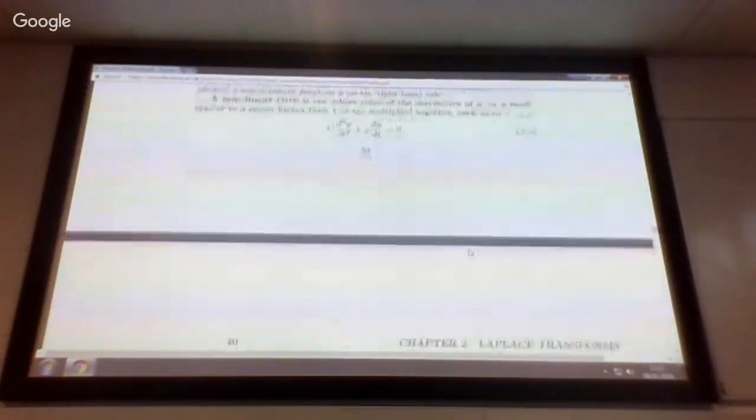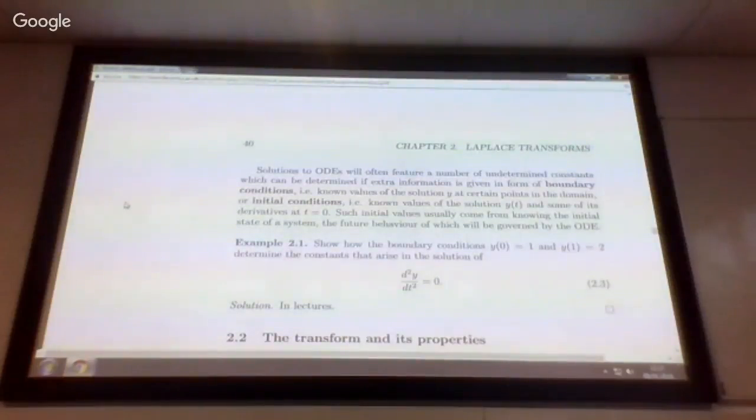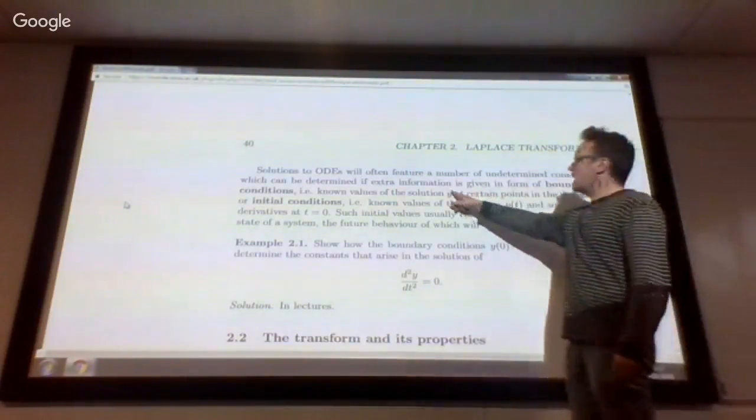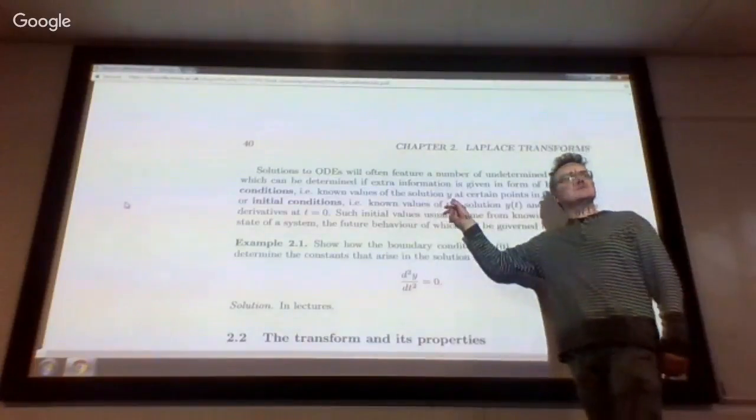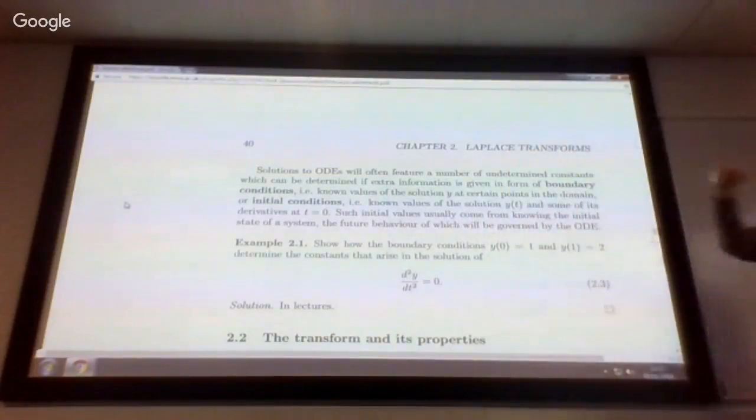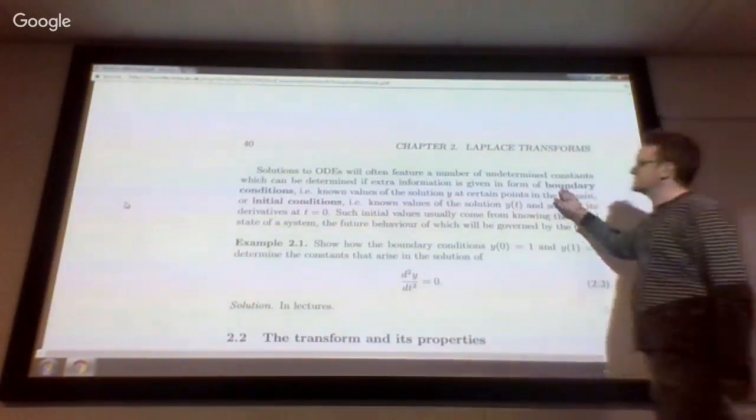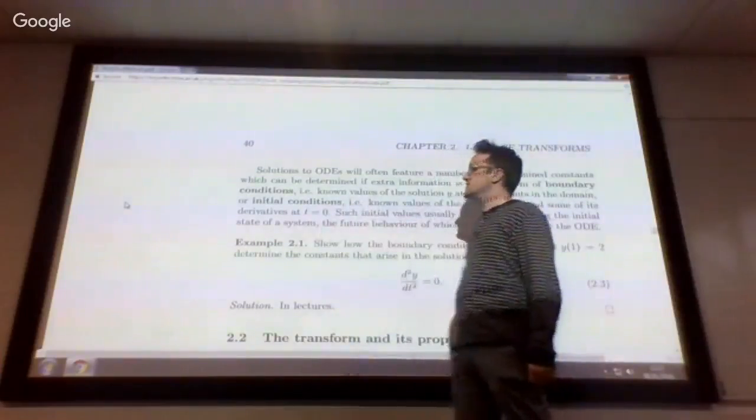Well, we can get extra pieces of information that come in the form of so-called boundary conditions or initial conditions. So a boundary condition is extra information about some of the known values of the unknown function y at certain points in its domain. So that's generally called boundary conditions.